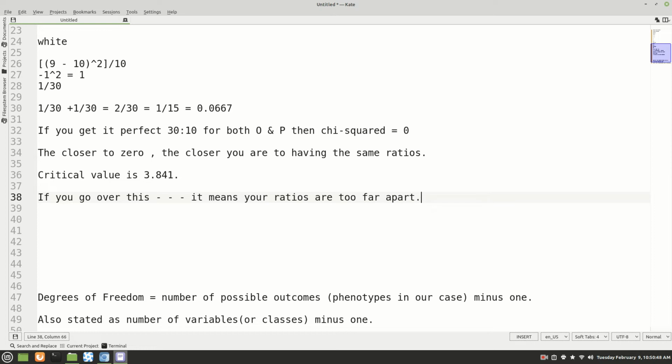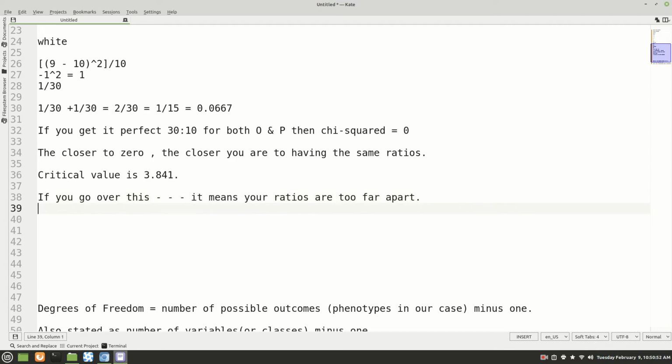All right, and that means the numbers aren't close enough. You cannot say your data fits your model. All right, you said the world works this way and you're just too far off.